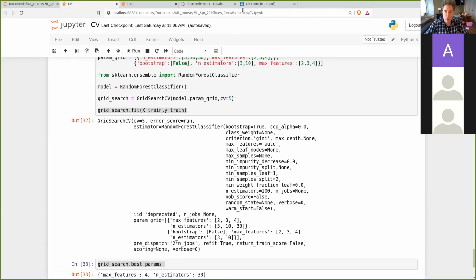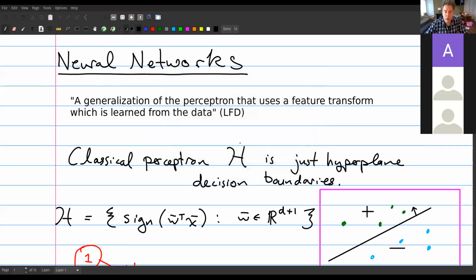Okay, so we're going to start talking about neural networks today. I posted a link on Piazza to the book. The book has a supplementary chapter on neural networks, which is okay. It's not really about deep neural networks.